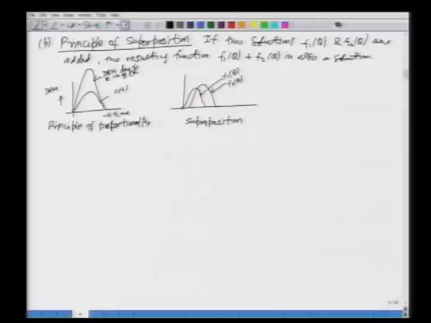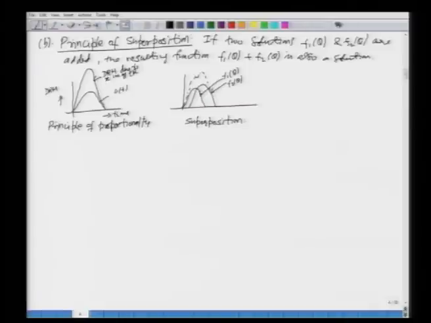Well, I just add the corresponding ordinates at each time. So, the principle of superposition will allow me to add the corresponding ordinates at the same time and get the combined response. All right. So, what you will then have is the combined response. It may look like this.